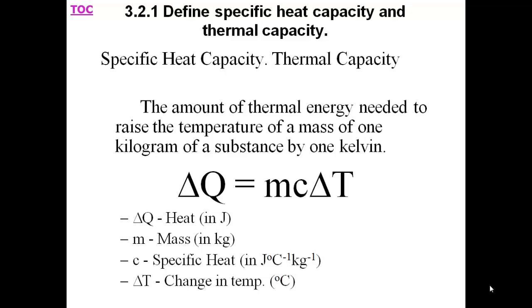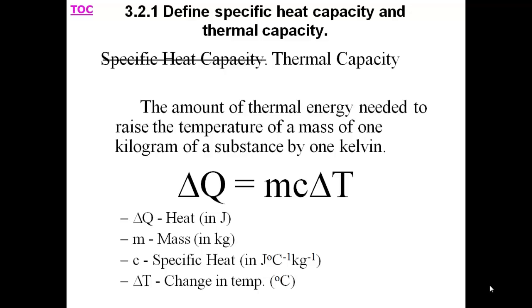And then we need to look at thermal capacity, and this is a slight change of this formula, but without the reference to the mass. So if you have a lot of the substance, it's going to have a high thermal capacity, because it will need a lot of thermal energy to make it heat up.